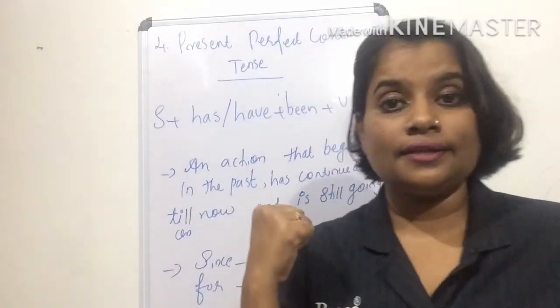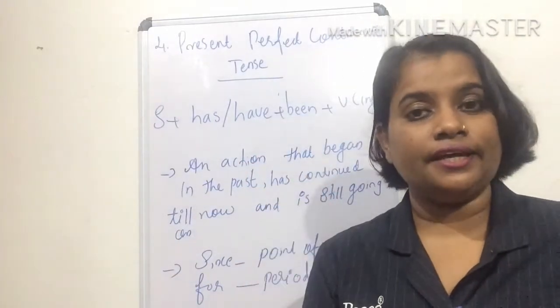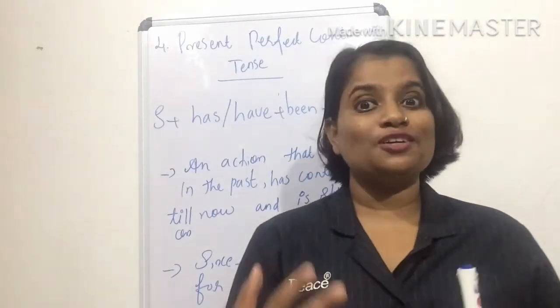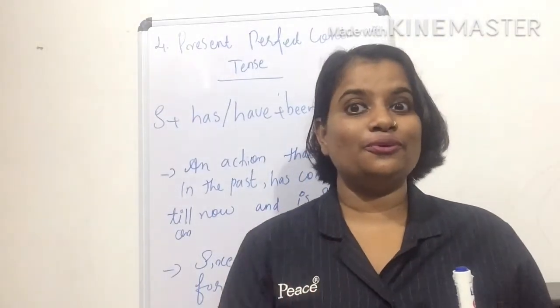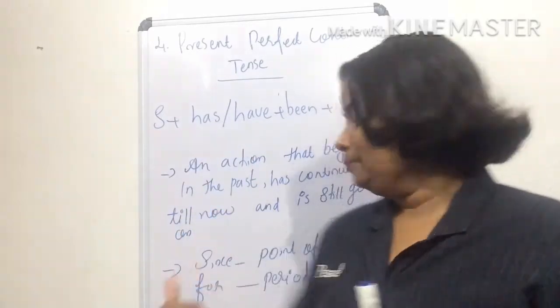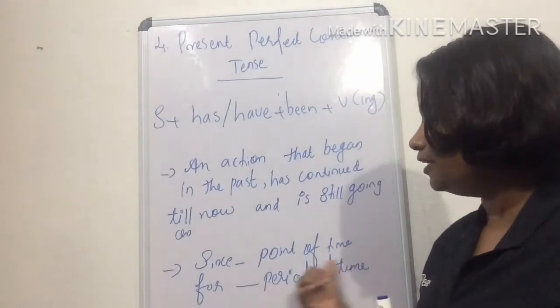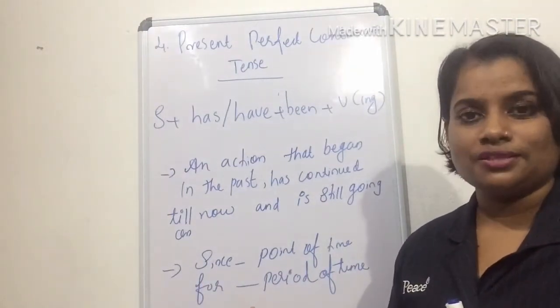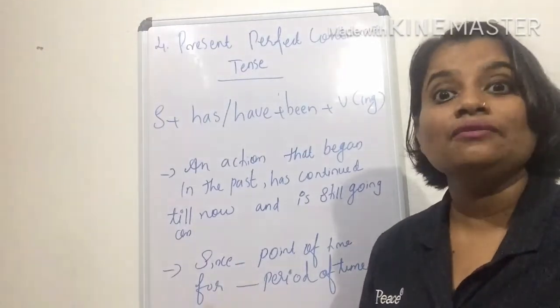But on the other hand, for indicates a period of time. I have been suffering from fever for the last 2 weeks. Mainly you use this for writing letters for absence, that is, leave letters.